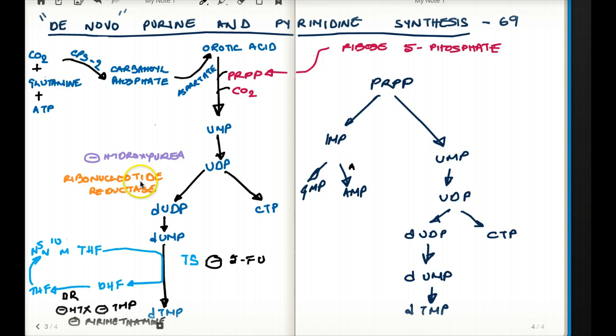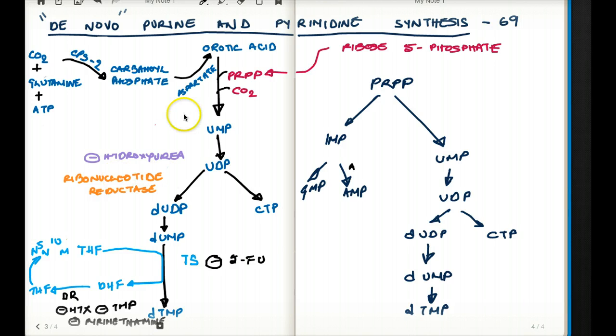Some additional information if you wanted to go the extra step. Tetrahydrofolate to N5N10 methylene tetrahydrofolate, this step is using the enzyme aspartate transcarbamylase. Okay, if you wanted to remember that, not very high yield.